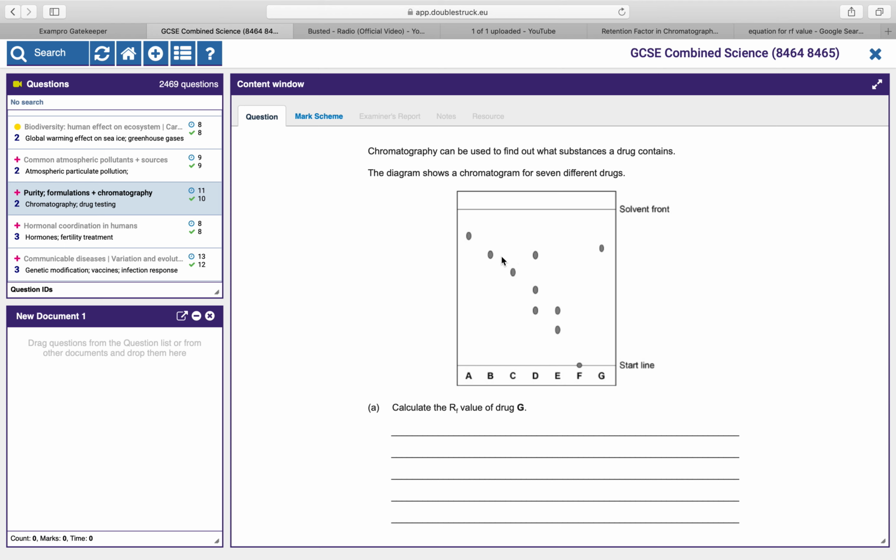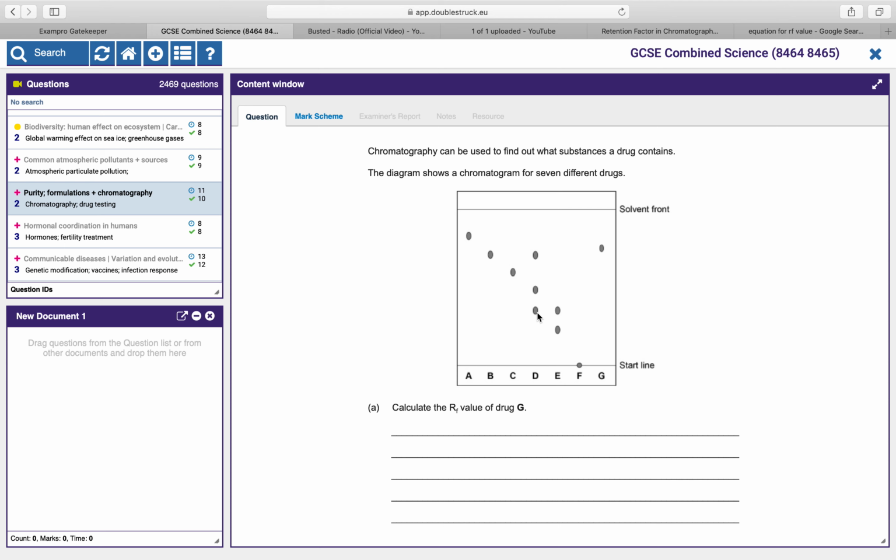We can see that drug D contains drug B, because B is only that. So it contains drug B, and it contains another substance which is not in any of the other drugs tested. So that's an unknown substance there.